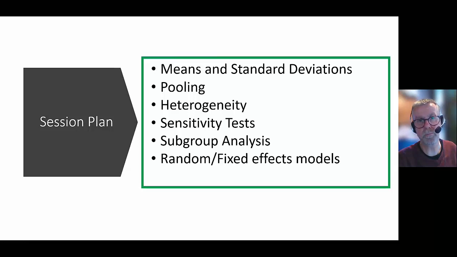We need to extend our understanding of the mean and standard deviation to introduce the standardized mean and then something called the standardized mean difference. We will have a first look at how data is combined, otherwise known as pooling, in order to create a single summary mean and associated 95% confidence interval that represents all of the included studies.